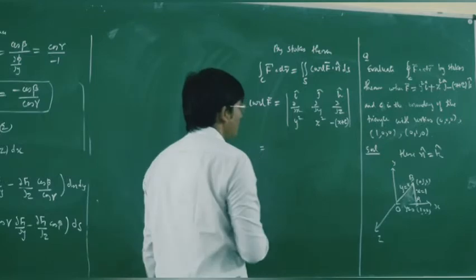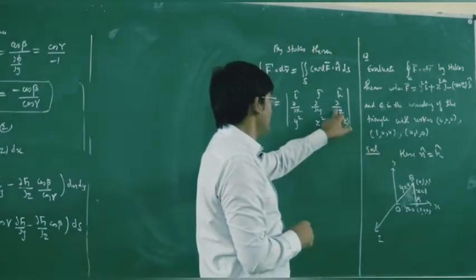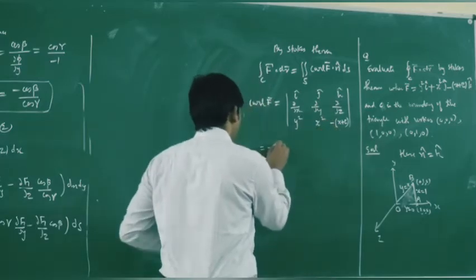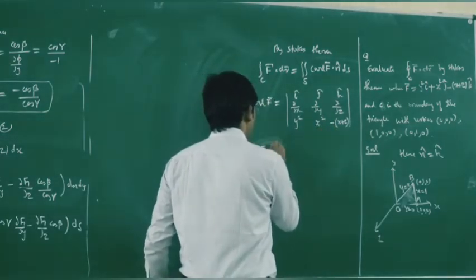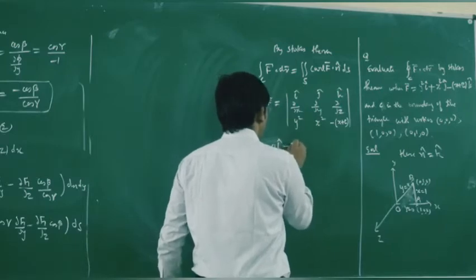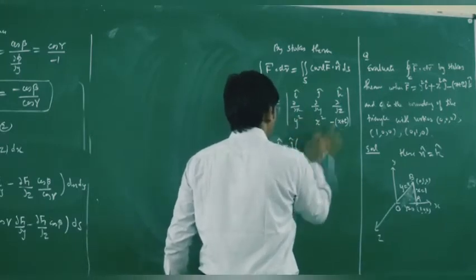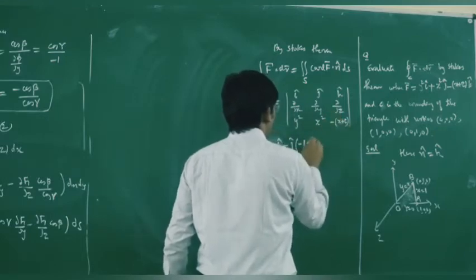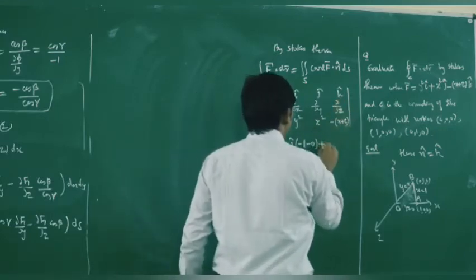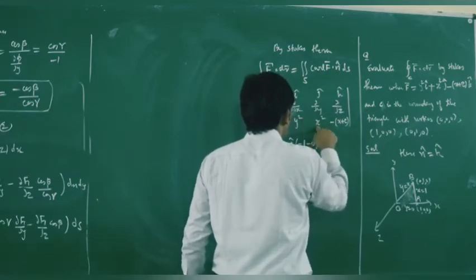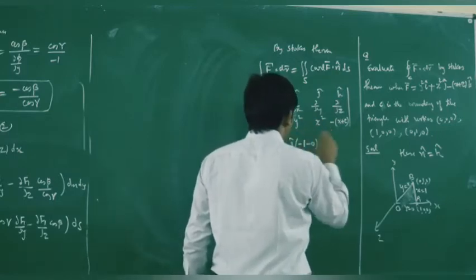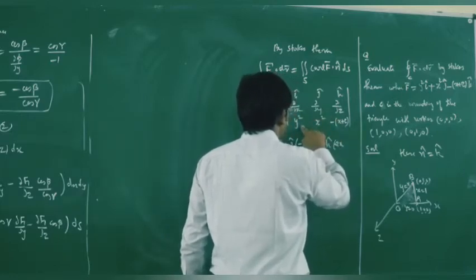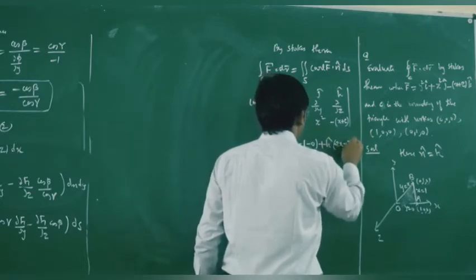Now the coefficient of i is 0. Then we have minus j times the differentiation with respect to x, which will be 1, and the other term is 0. Then with respect to k, the differentiation of x square will be 2x, and the differentiation of y square will be 2y.